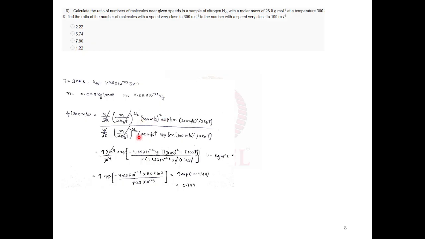Here also 10 to the power 4, that will be divided, so you will get overall 9 beside the exponential term. Within the exponential, you need to get the mass. So mass is 4.65 into 10 to the power minus 26 kg, right?